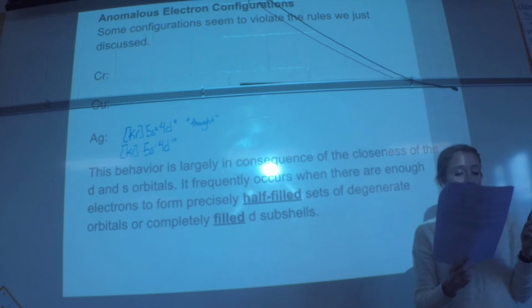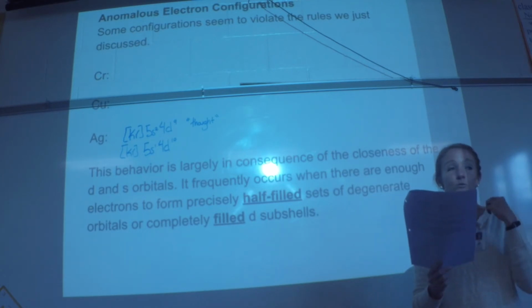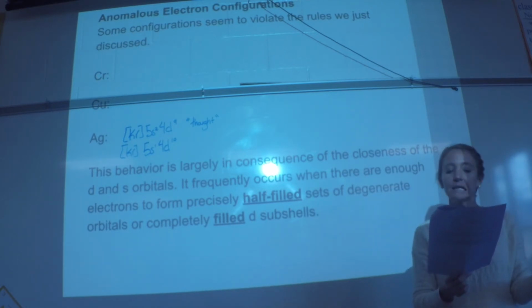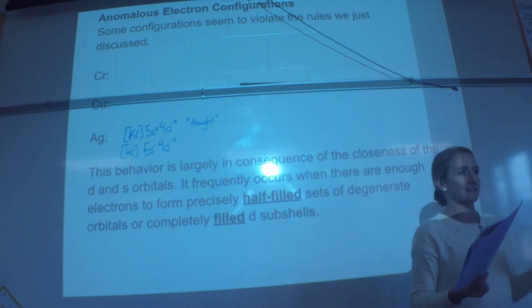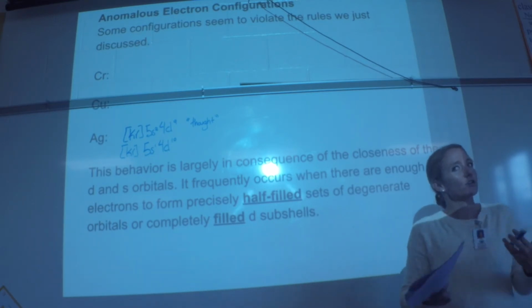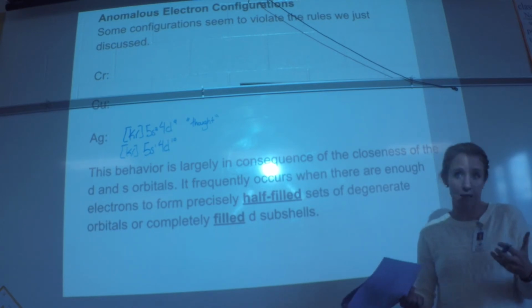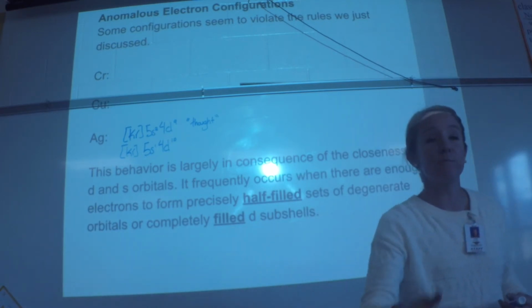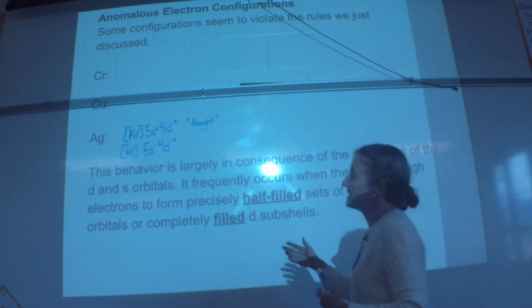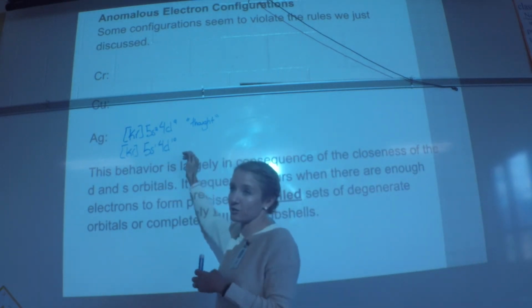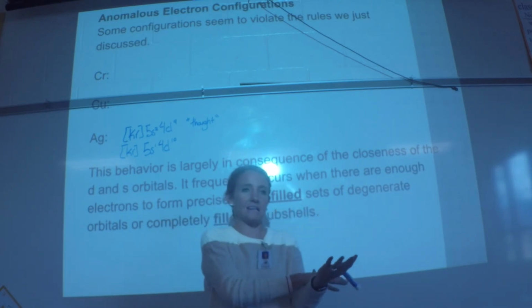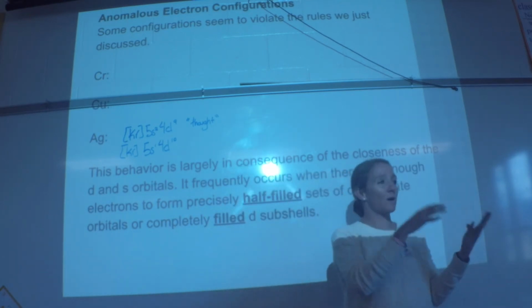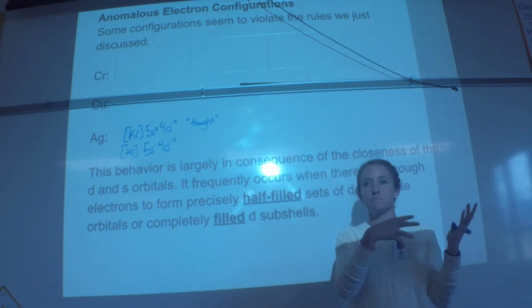But if it were to show you an exception, can you provide a possible reason for why the exception exists? So you're not expected to memorize them, but if the AP test said, hey, silver has this configuration, what's a possible reason for why that is? That's what we need to understand. So we need to understand why the exceptions happen, not memorize them.